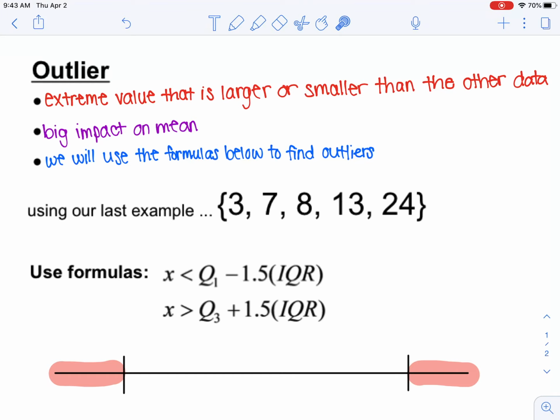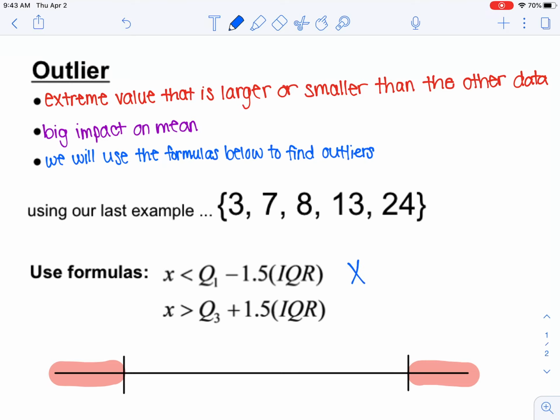Or if x is greater than our third quartile plus 1.5 times our interquartile range, then that would be an outlier. So either in this section we're talking about or this section. We're trying to figure out what are those values which make it too small or too large. Okay, so let's go ahead and do that.